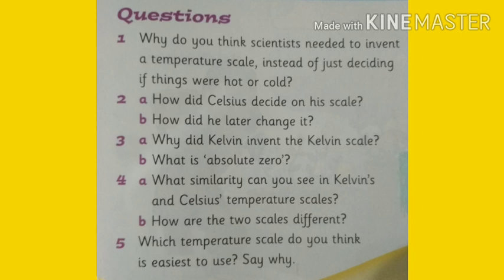Second question: how did Celsius decide on his scale? How did he later change it? First of all, let us discuss the first question here, my dear. How did Celsius decide on his scale? Celsius first suggested a temperature scale from 0 to 100 degrees Celsius.